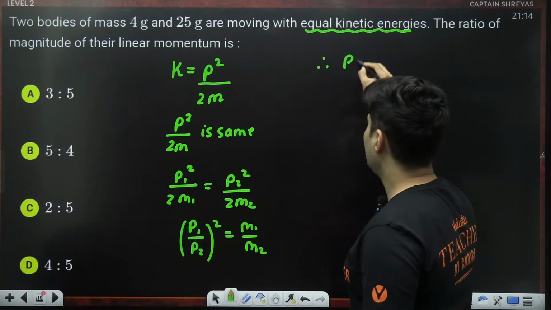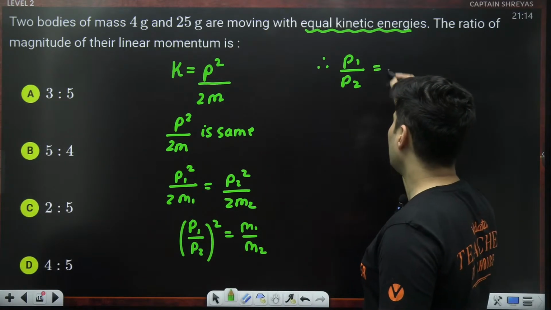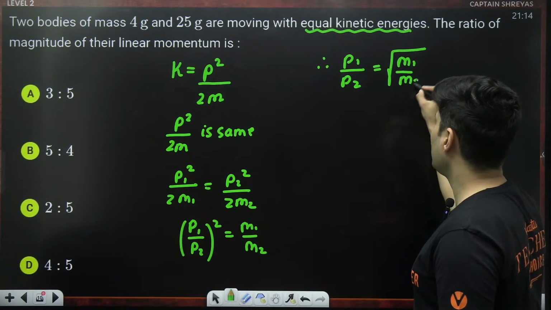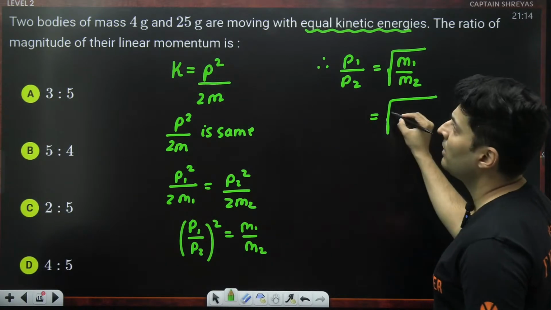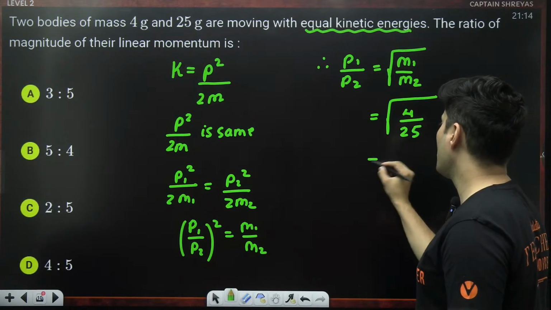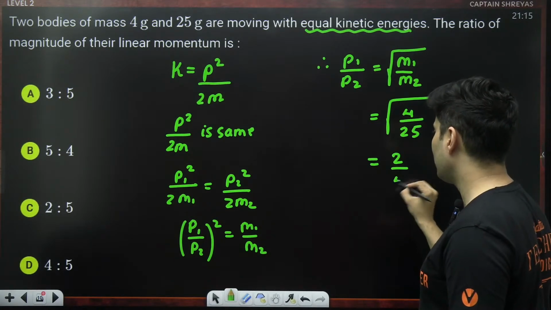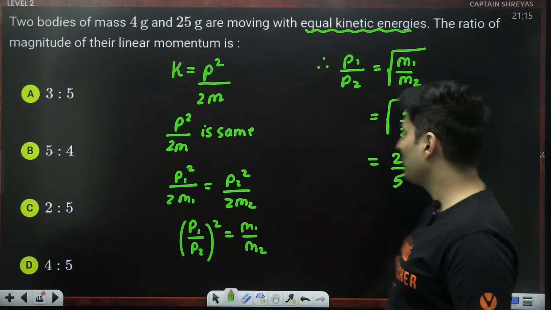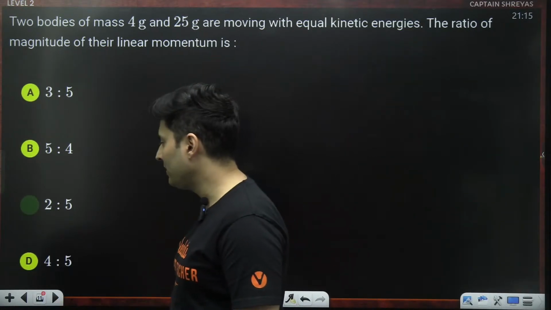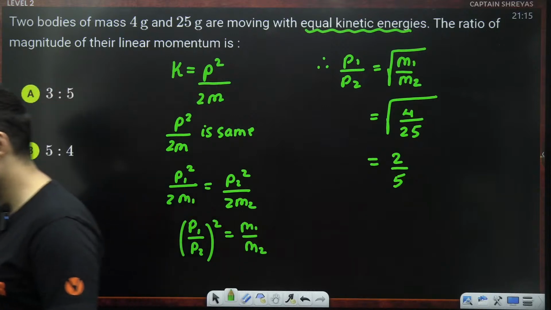Therefore, P1 by P2, take root, will become root of m1 by m2. Now what is m1? That is 4. What is m2? That is 25. Root 4 is 2, root 25 is 5. That's why they had given perfect squares, so that the answer comes out very nice and simple. So 2:5. Yes, C for Captain Shreyas.